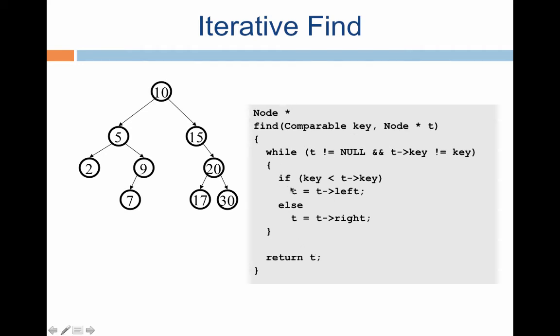Therefore, the iterative find tells you that using the key value, the search can be guided through the different links in the binary search tree. Indeed, there is a unique path, because of the order. For example, if I was searching for the value 6, the iterative find will first go to 10, go to the left because 6 is smaller than 10. Here it will go to the right because 6 is larger than 5.